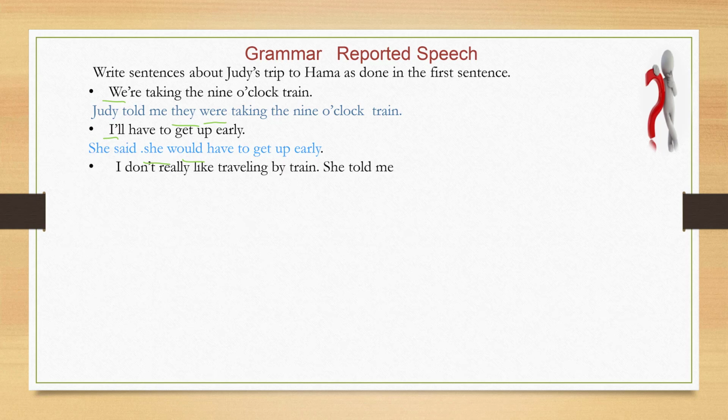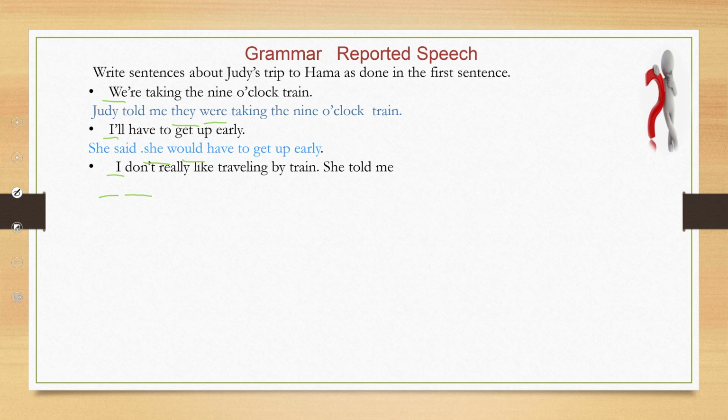I don't really like traveling by train. She told me. What should we change here? Yes, I, and don't, the rest. She didn't really like traveling by train. She said. She, don't is changed into didn't really like traveling by train.